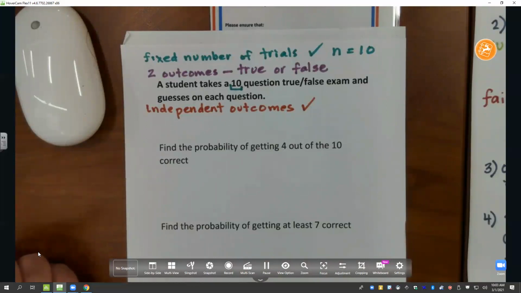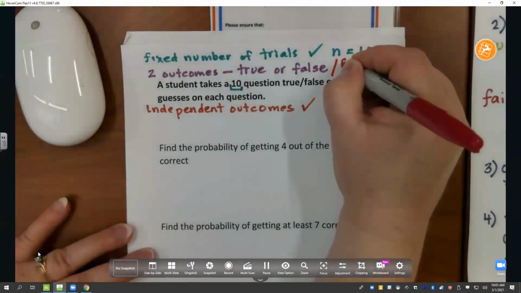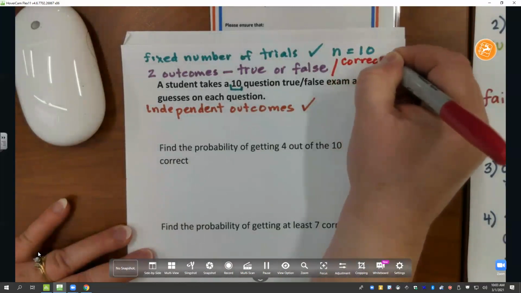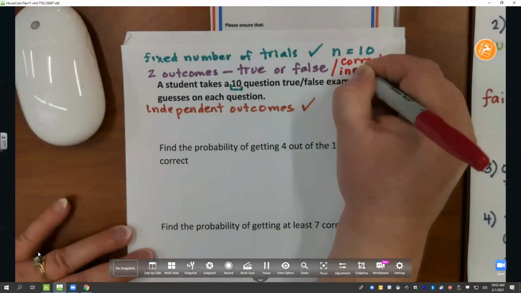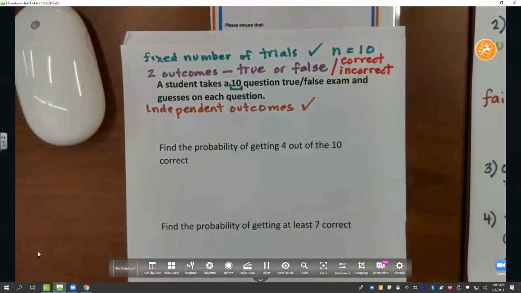So really, in terms of our outcomes, they're thinking about you getting it correct or incorrect. Okay, still 2 outcomes. So I'm going to make a note up here that we're really thinking about correct and incorrect. But you could also think about it and talk about it in terms of true or false.